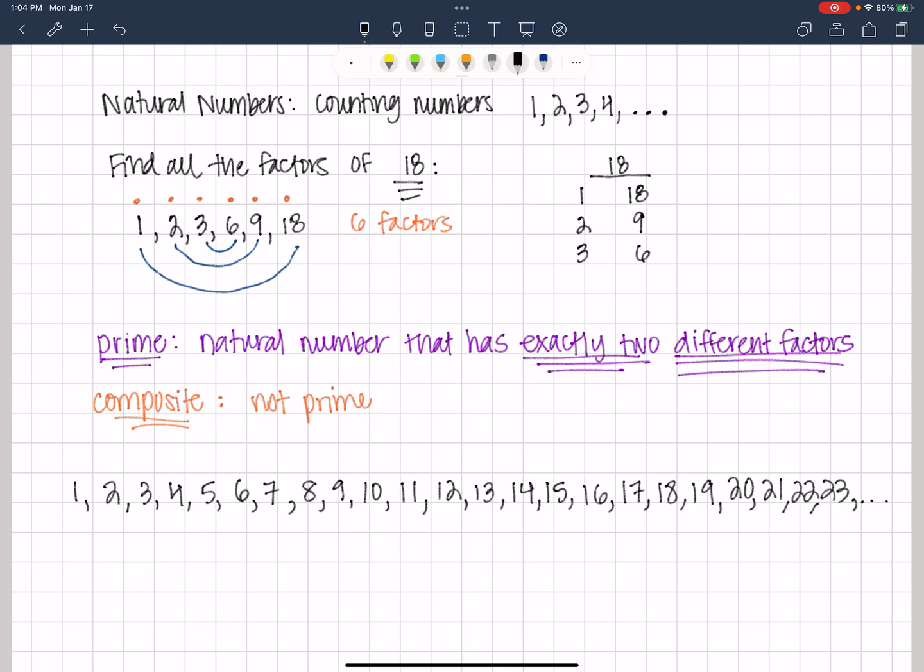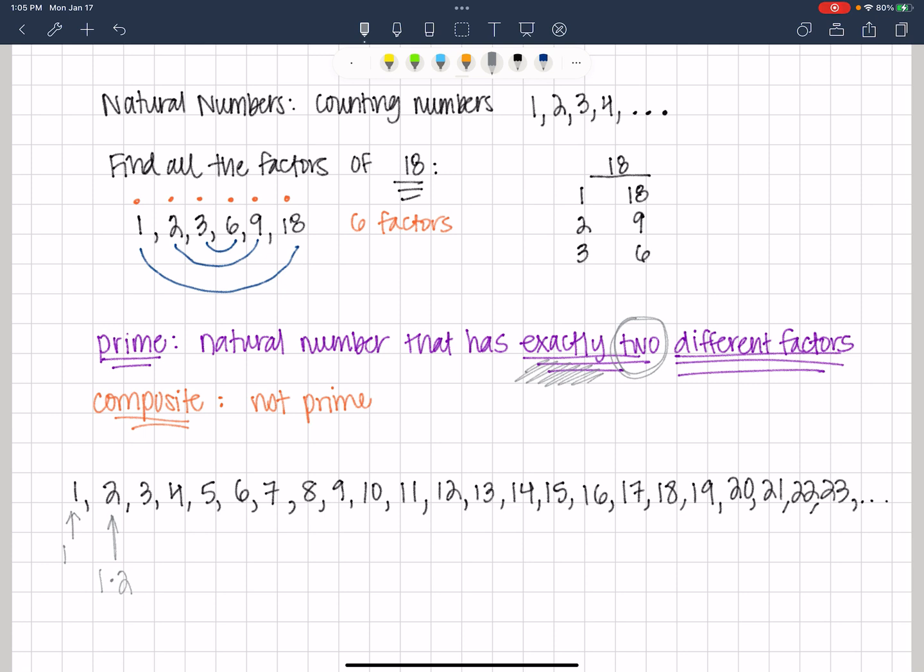1 is not a prime number because the factors of 1 are just 1. And remember, we need to have exactly 2 factors. 1 only has 1 factor. 2 is 1 times 2.